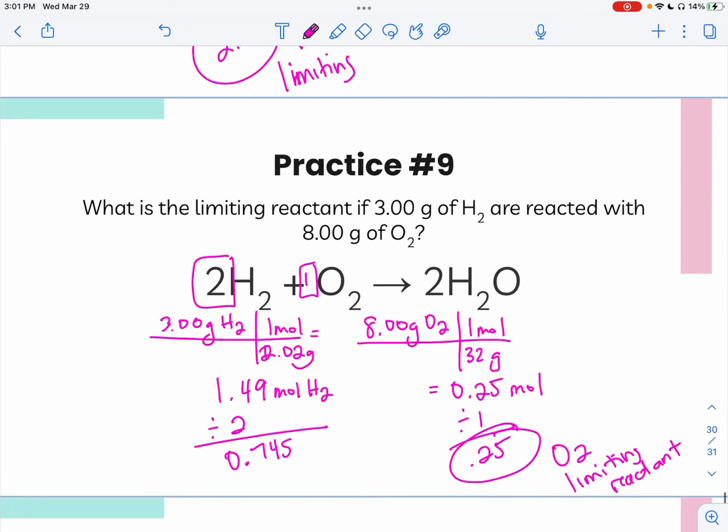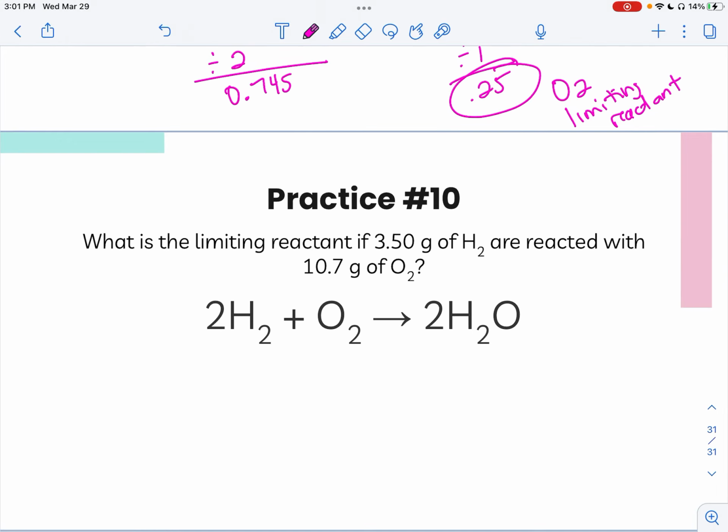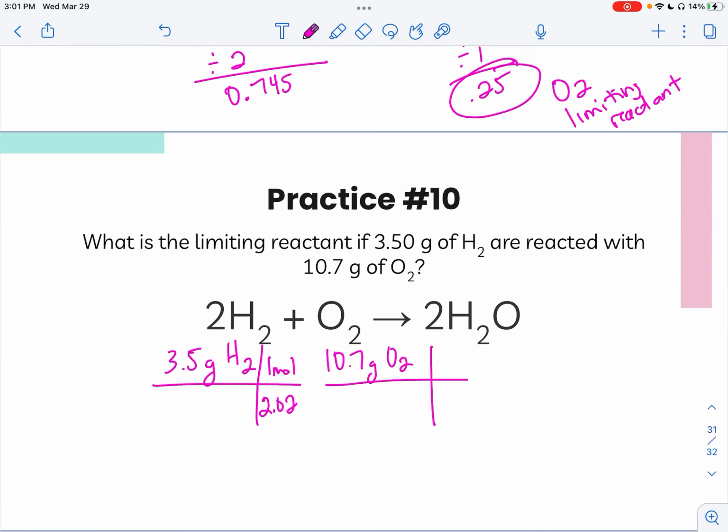All right, for this last one, we're starting with 3.5 grams of hydrogen and 10.7 grams of oxygen. So we're going to use our molar mass to convert to moles.